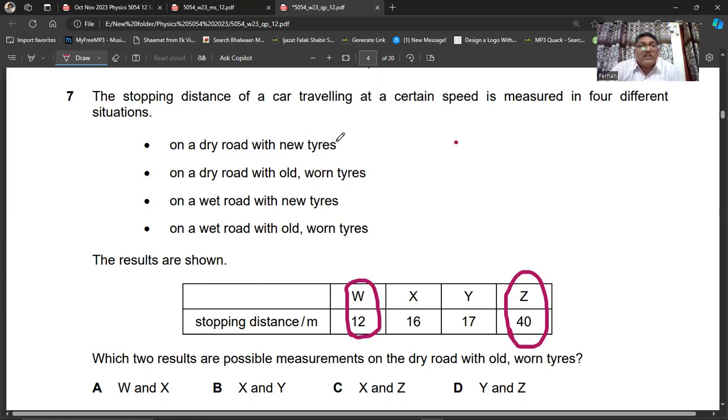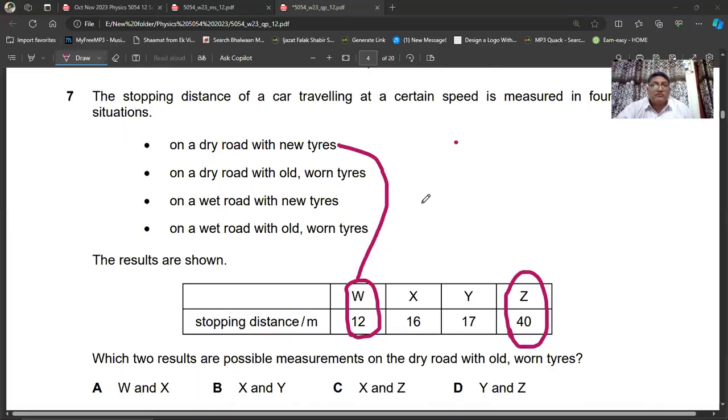Okay. So this is that situation, and this is this situation. I am looking for dry road with the old tires.